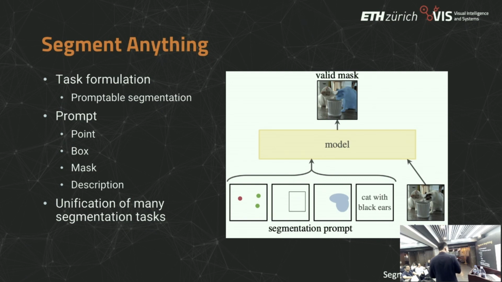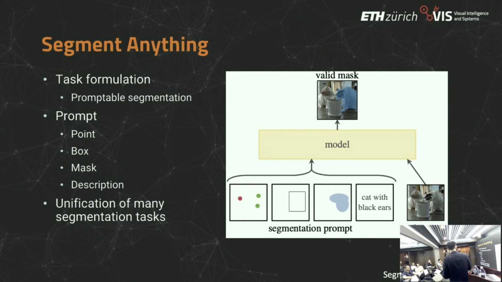In this case, we can encode different types of prompts or inputs, like a point, a box, a mask, or a description, project them into a vector, and then combine those vectors with the image encoding in a cross-attention fashion to get the mask of what you want.